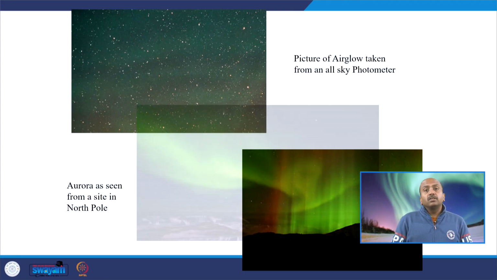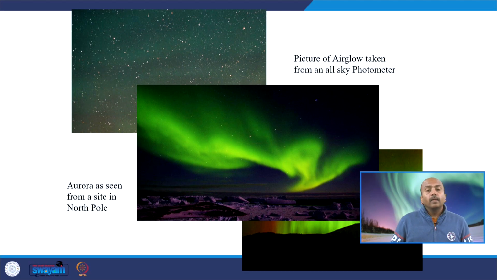From this picture itself, you can clearly understand that auroral emissions are highly structured, whereas airglow emission is a uniform and faint luminescence in the sky. Airglow emissions are global, they can be found anywhere. Auroral emissions are particularly local to the polar skies.